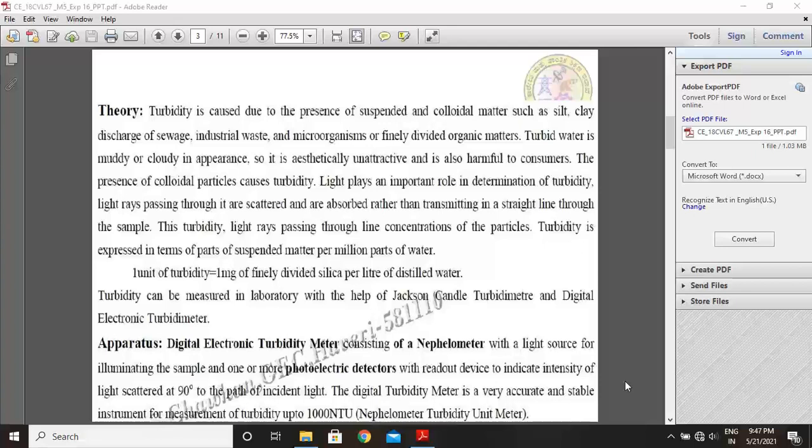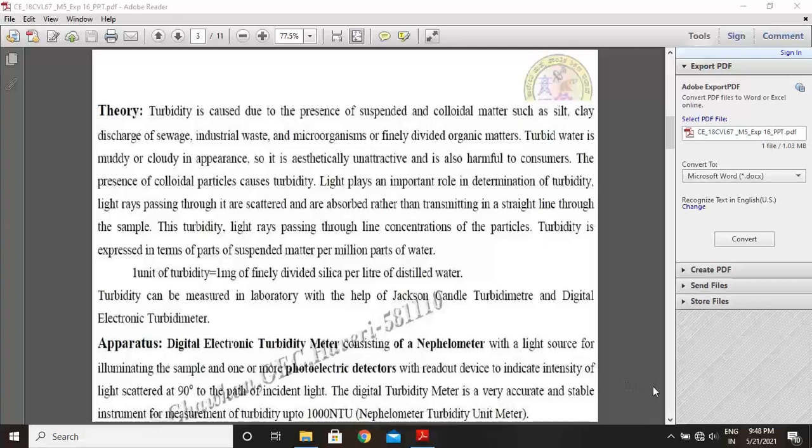Which apparatus is used to conduct this experiment? That is the digital electronic turbidity meter, consisting of a nephelometer with a light source for illuminating the sample and one or more photoelectric detectors with a readout device to indicate intensity of light scattered at 90 degrees to the path of incident light.